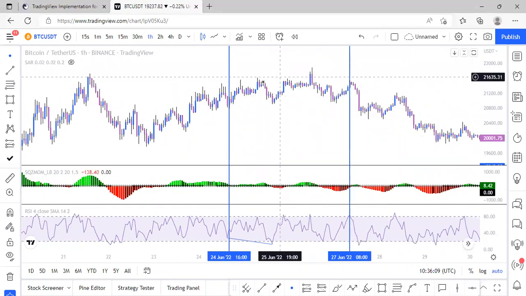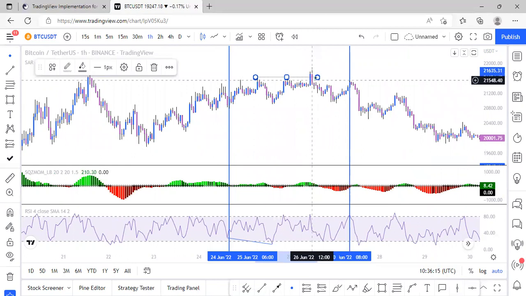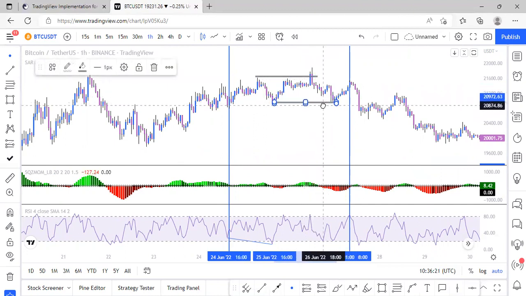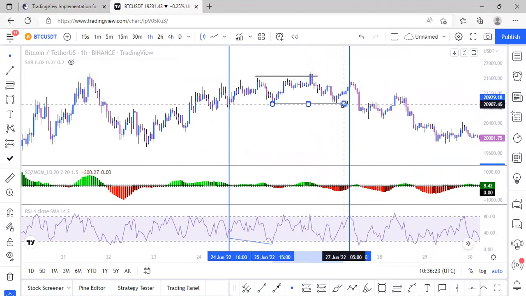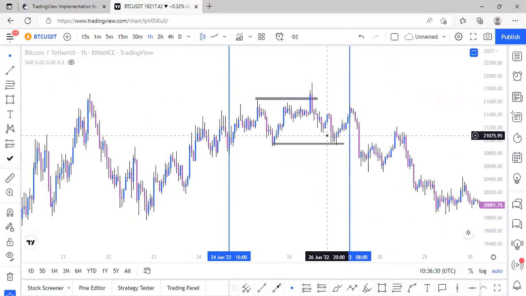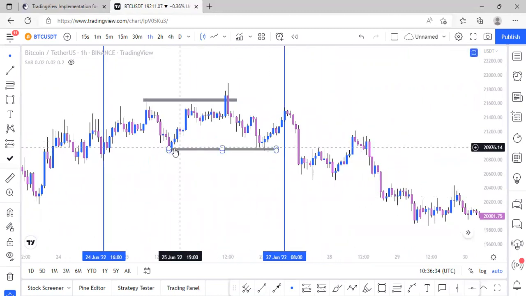Yes, we had this high being taken out by this one. So where's the order block? This is the order block. If for any reason we wanted to enter a buy position, it would be at this order block, which is sitting here.